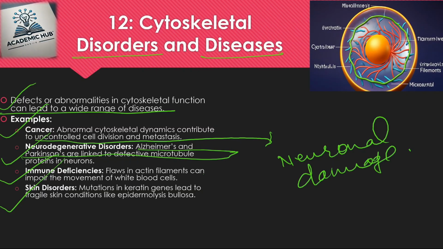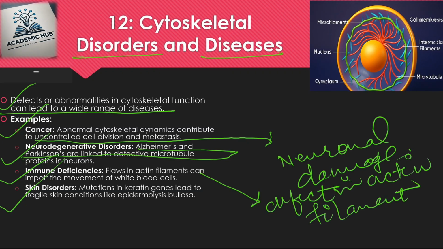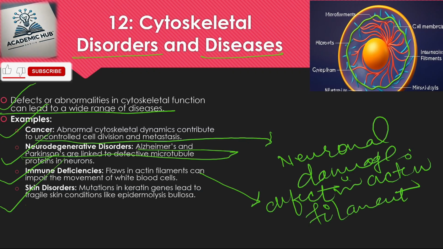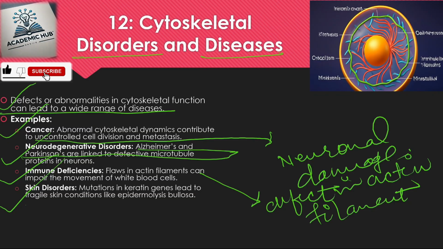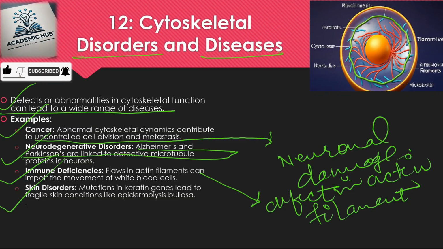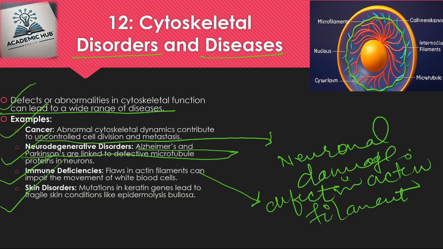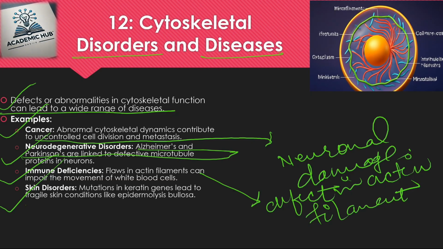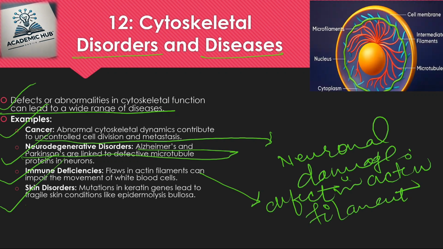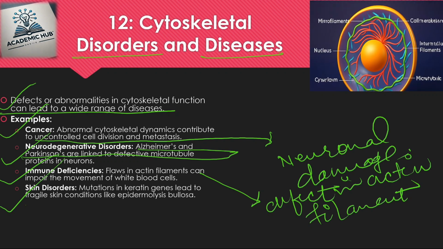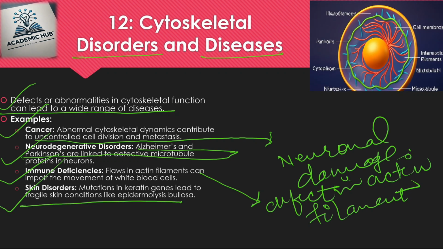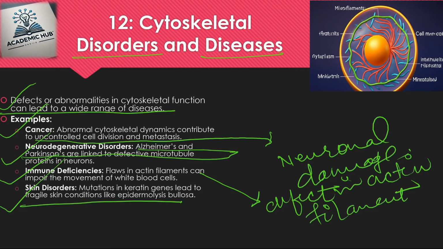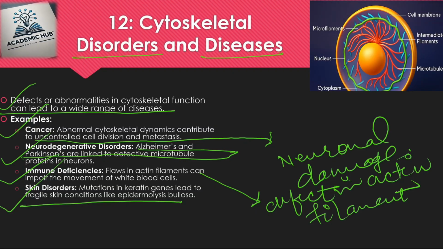Defects in actin filaments can impair white blood cell movement, weakening the immune response. Next are skin disorders. Mutations in keratin genes cause fragile skin conditions. Fragile means very thin skin, like epidermolysis bullosa.